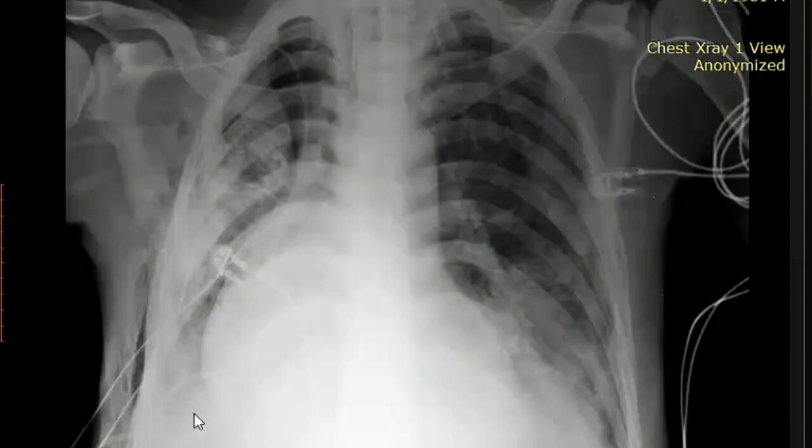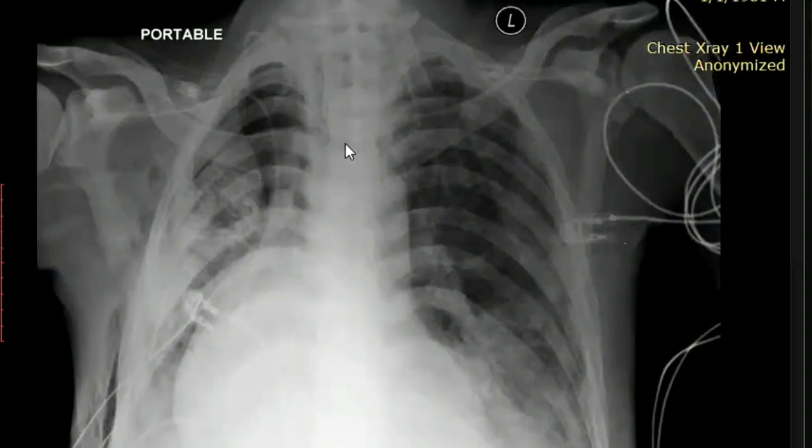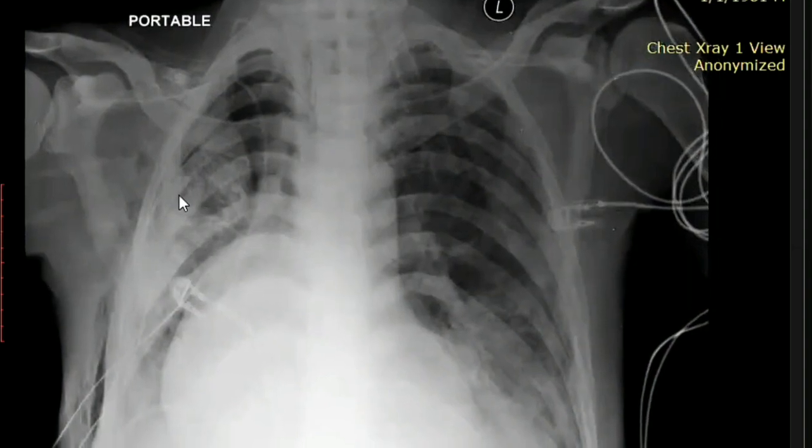There is an expansile lesion in the right scapula, which has a suspicious look, and this is causing even a step in the lateral margin of the scapula, maybe associated with a fracture.